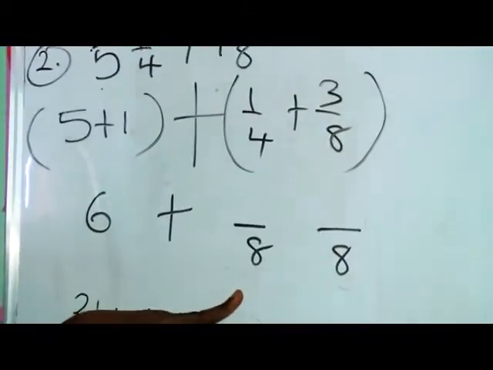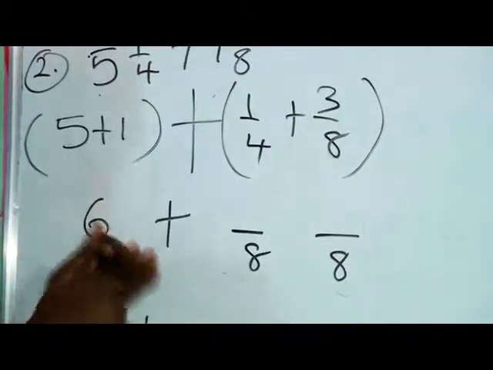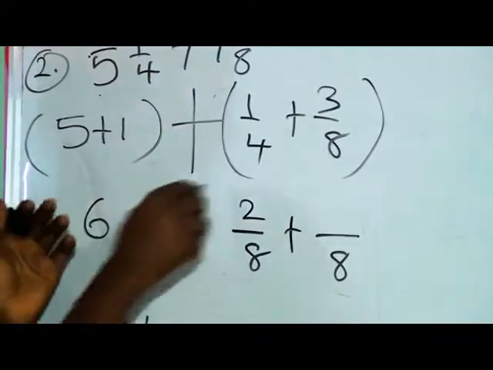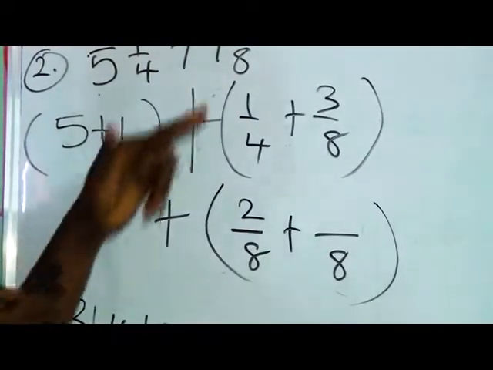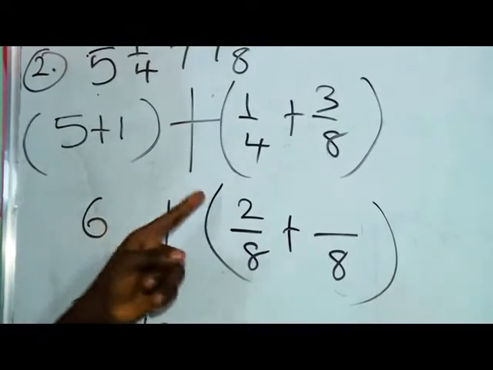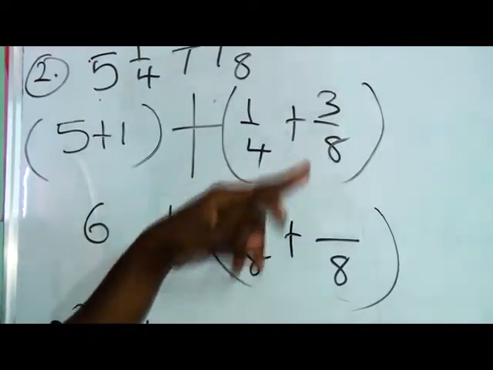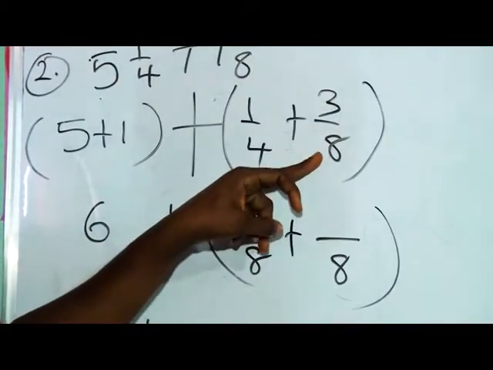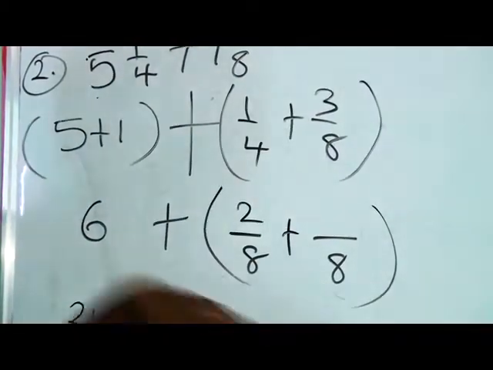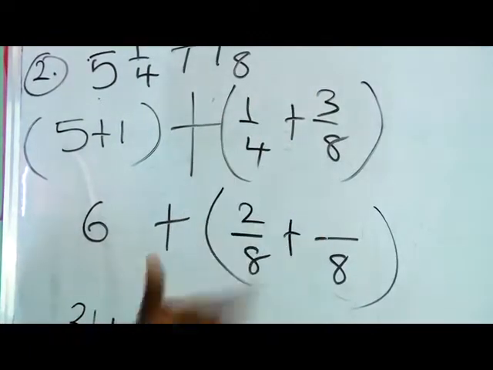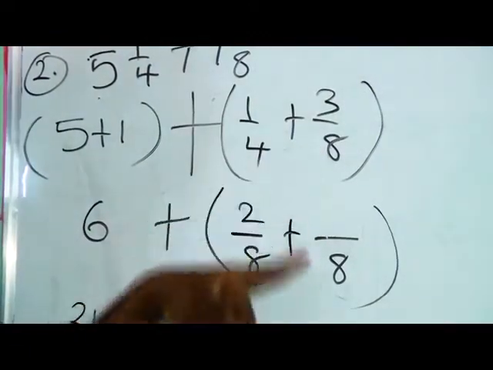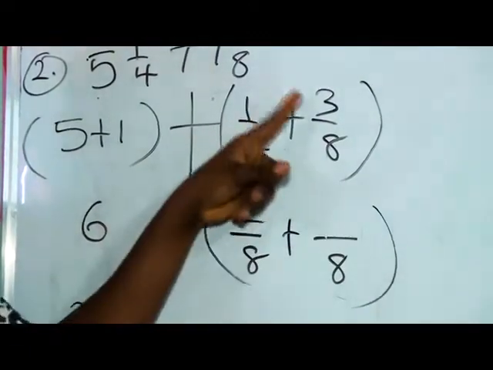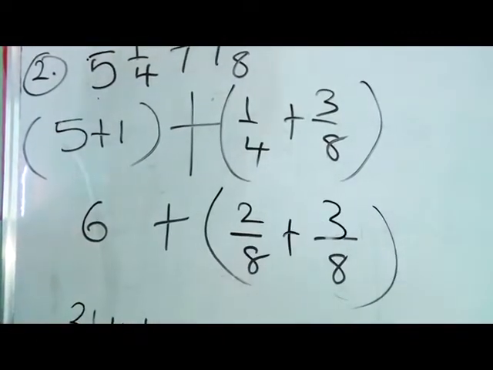How many 4 can I get in 8? 2. 2 times 1, 2. Implying that 1 over 4 is equivalent to 2 over 8. Now the denominator here is still 8, so I could just write the 3 here. How many 8 can I get in 8? 1. 1 times 3, 3.